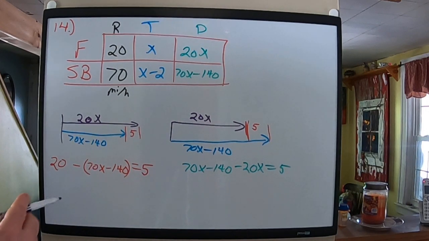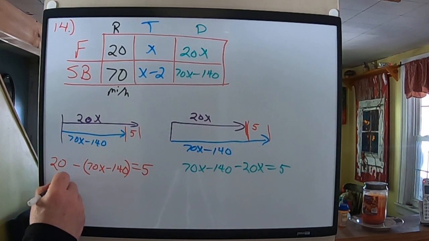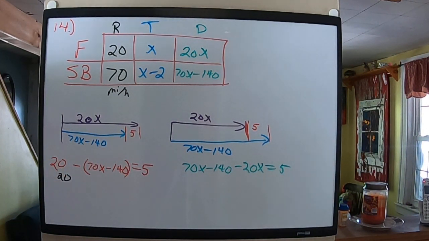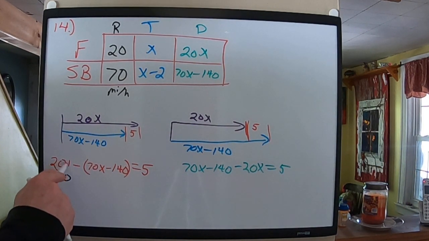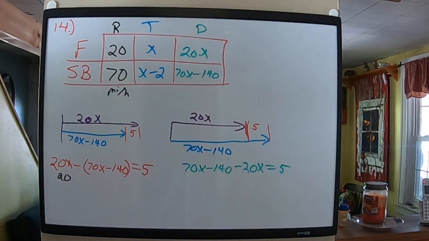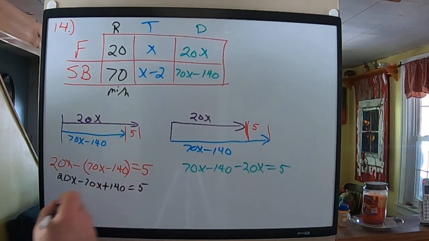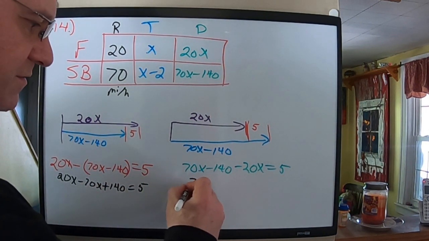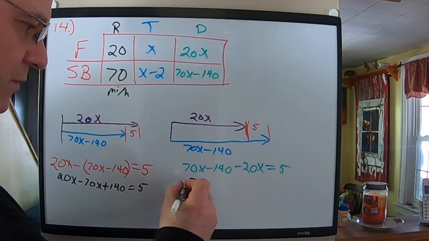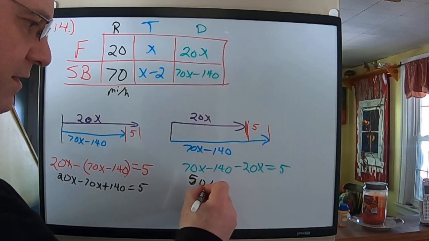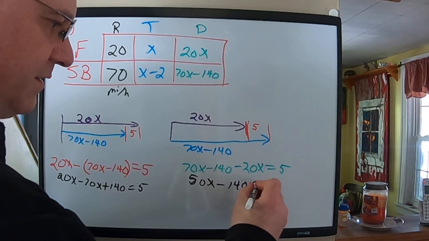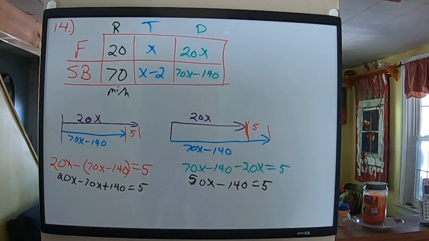When I solved this one, I forgot my x. 20x, sorry about that. Thank you for those who picked up on it. I know you would have called out if you were in class. 20x minus 70x plus 140 equals 5. Over here, 70 minus 20 is 50x minus 140 equals 5.